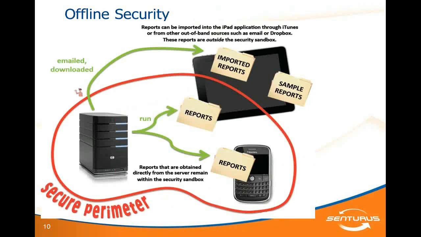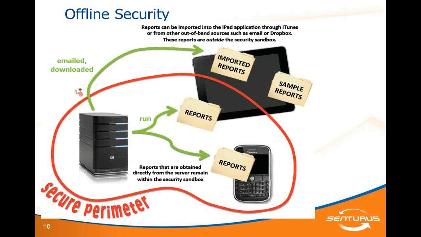All right, this next slide gives a good pictorial view of what offline security is when you're deploying reports on iPad, active reports on iPad. So basically what you're seeing here is a red secure perimeter area. It signifies what your corporate network looks like in the BI environment.